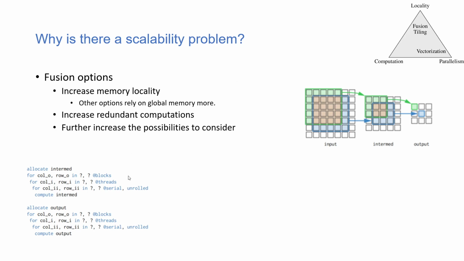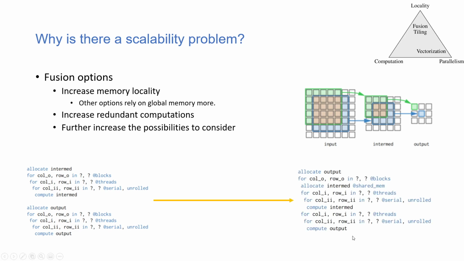Another option is the fusion of computations. For example, in this you have the computation here. This consumer is consuming what this produces, and this consumes what this produces. So you have 2 stages, and they can be fused into one. By doing that, you increase memory locality, so you move in this direction, and you rely more on local memory rather than global memory, which makes the program faster.